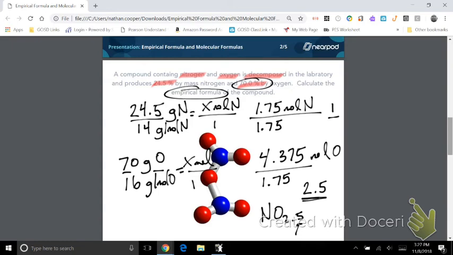So there's 1 for nitrogen, and 1 times 2 gives me 2 N's. 2.5 times 2 gets me 5. So the empirical formula is N2O5.